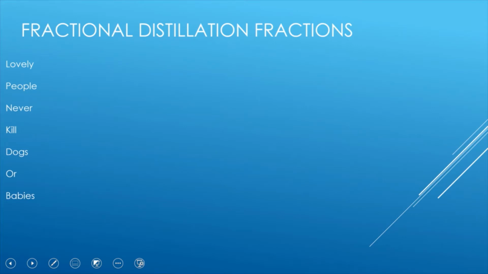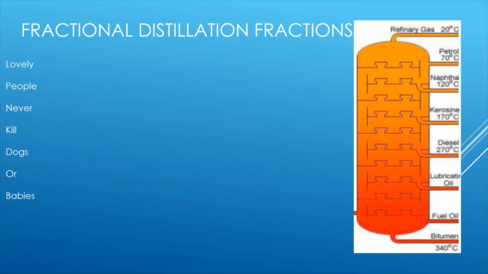Okay, so remember this mnemonic: lovely people never kill dogs or babies. You're meant to know all the different kinds of fractions that fractional distillation produces. Lovely stands for LPG, the gases, near the top there.